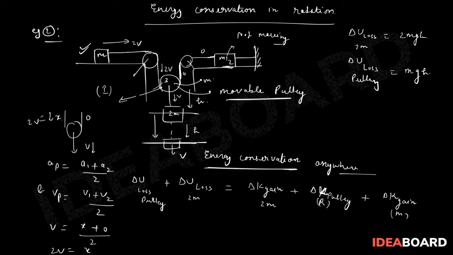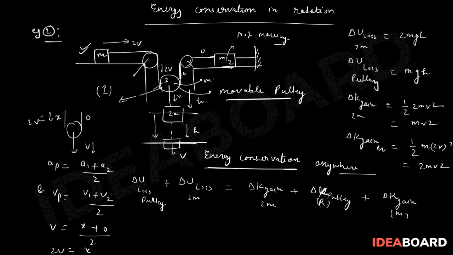And here delta K gain for mass 2m would be equal to half into 2m into v square, that will be mv square. Delta K gain for the block of mass m will be half m into (2v) square. That means this is 2mv square, right?